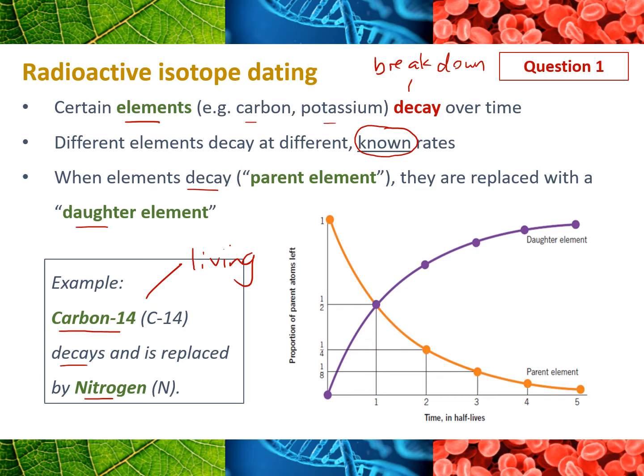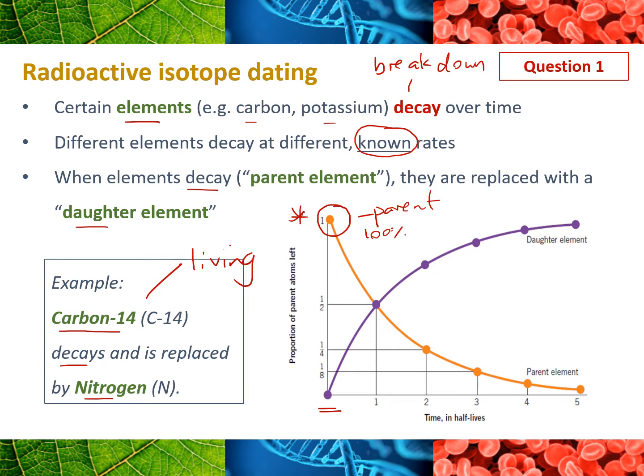Okay, if we look over here at this graph, we're looking here at being the original time, the time either when this rock was formed or when this animal died. So up here, this is going to represent the parent element because in the very beginning, it is 100% active or present.